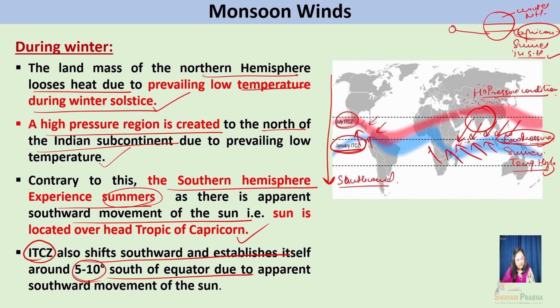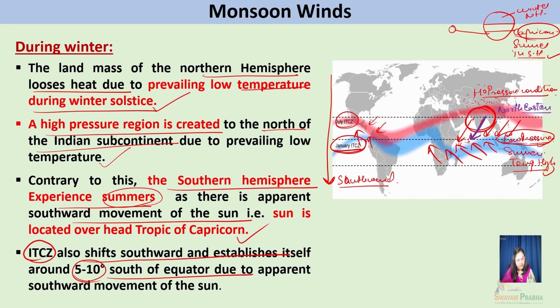Okay, ITCZ. As the trade winds start merging in this location, the direction of winds which exist above the Indian subcontinent is northeastern, because they are blowing from northeastern regions towards the southwestern region.